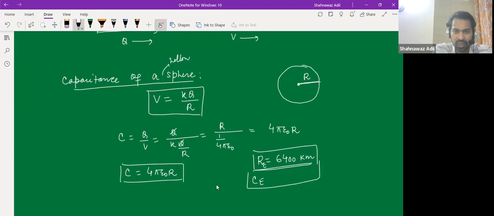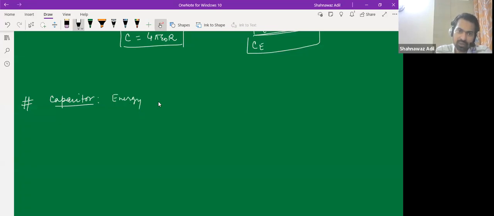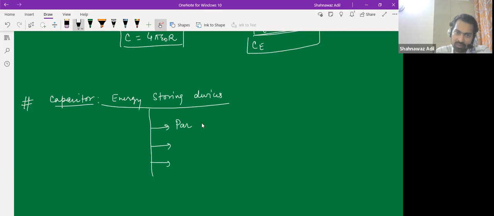Okay, so now we have the capacitor. This is an energy storage device. For our purpose, how many kinds of capacitor will we have? We will have the parallel plate capacitor.